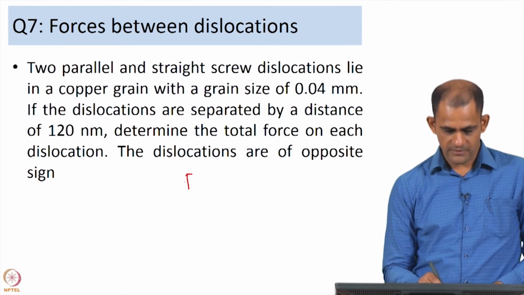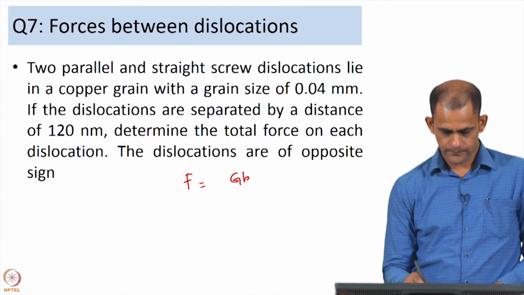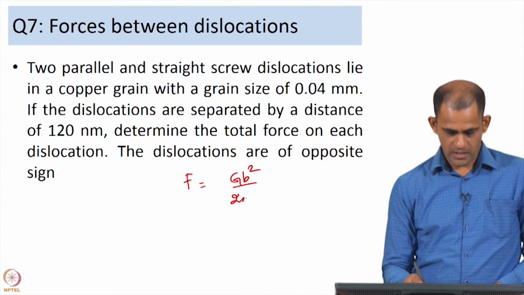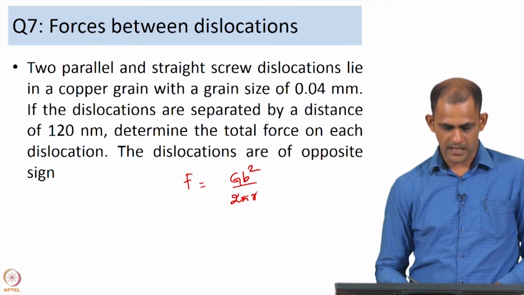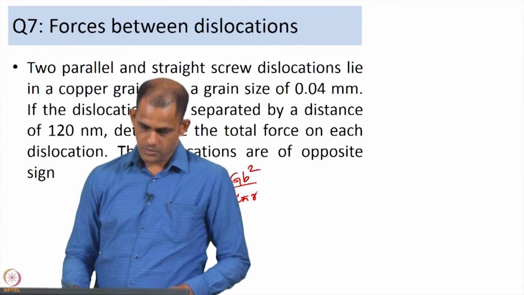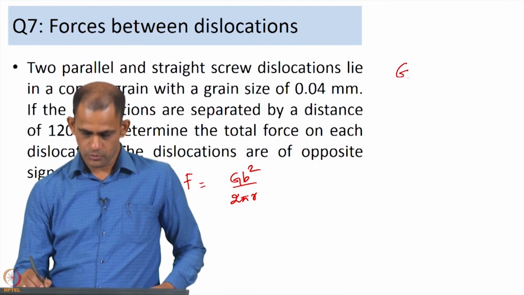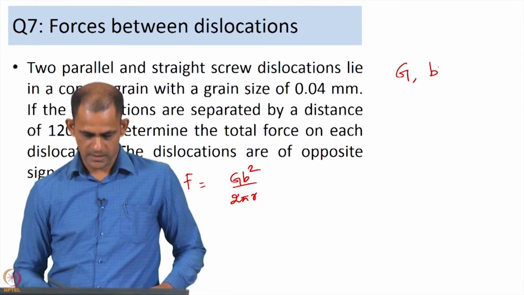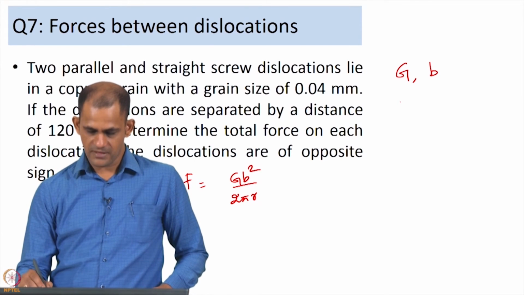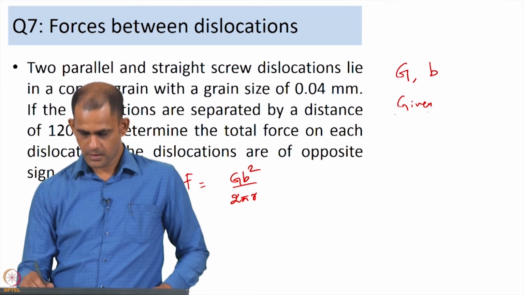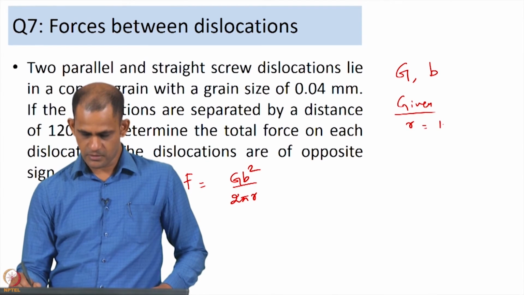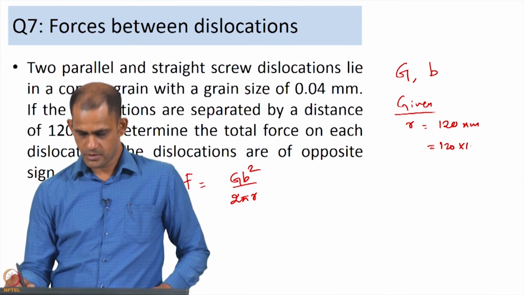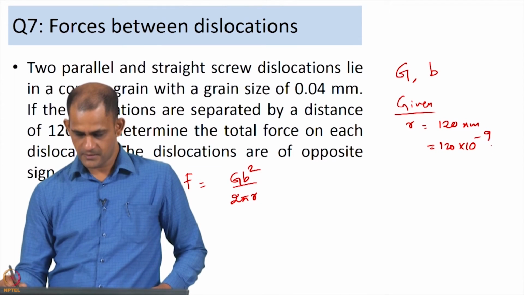So, the force is given by Gb square by 2 pi r. So, for copper we need to know G, we need to know the Burgers vector b. What is given is the distance between the dislocations, which is 120 nanometer. So, that is 120 into 10 to the power minus 9 meter.